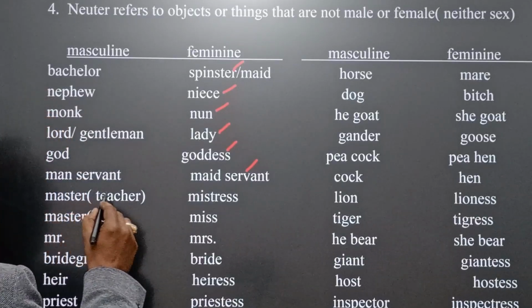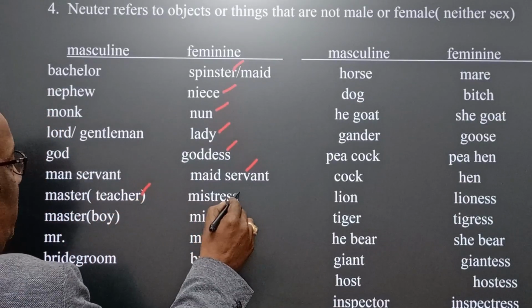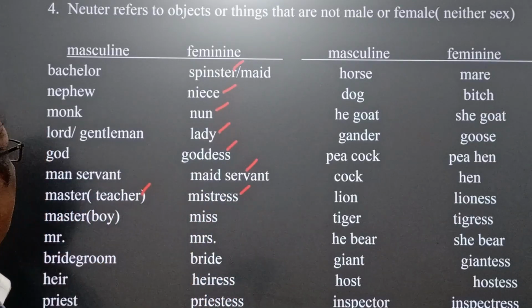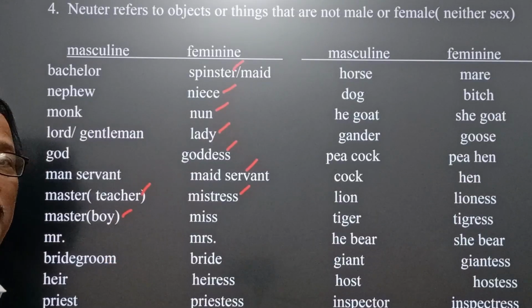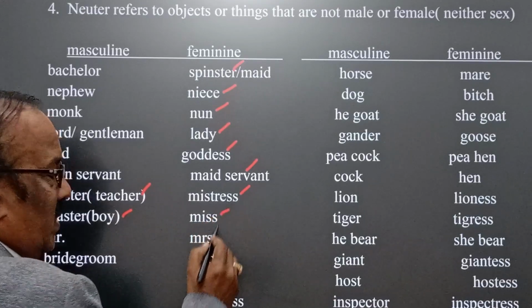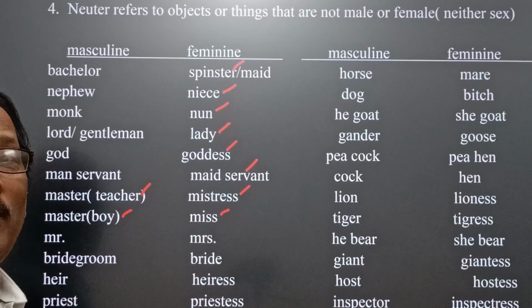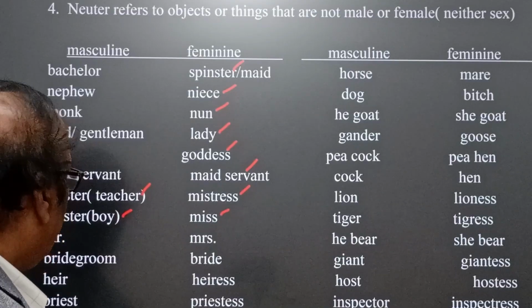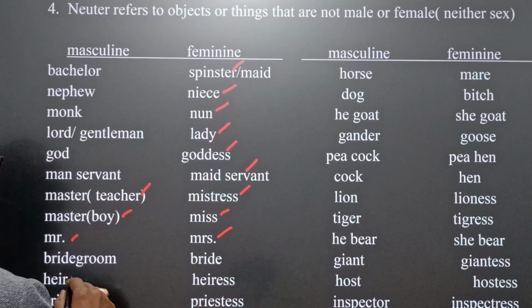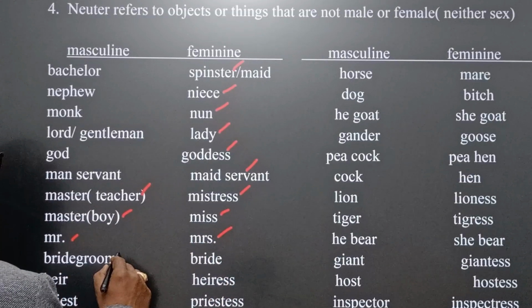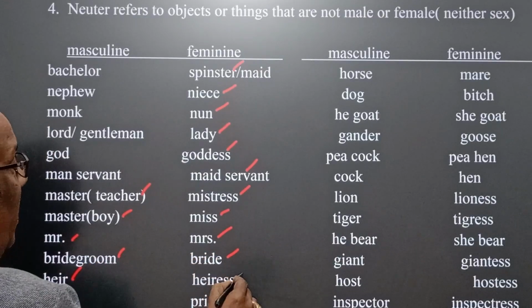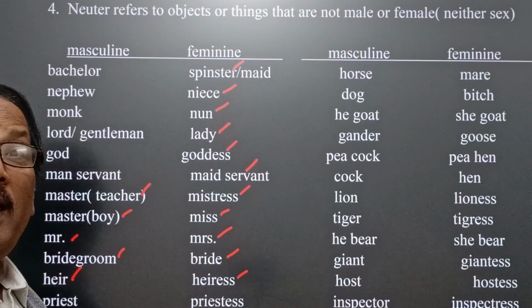Okay, master, I mean teacher, and here we find mistress, headmaster, headmistress. Whenever we regard master as a boy, in that case, miss, young boy, young girl. Master, miss. Next, Mr., Mrs. And here we find bridegroom, bride, heir, heiress.